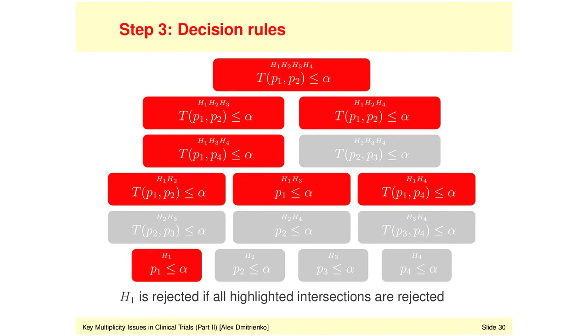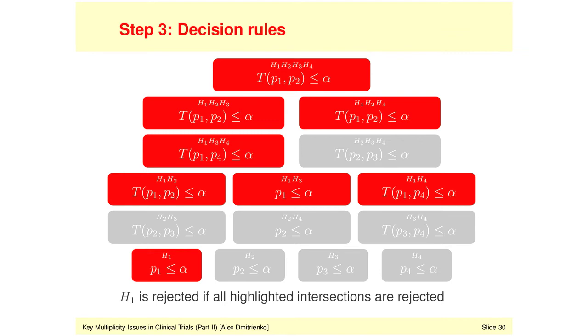The main message here is that using an appropriate local test, we can compute a local p-value for each intersection in this closed family, and we will then compare it to alpha. The resulting gatekeeping procedure would be an example of a mixture-based gatekeeping procedure that, of course, controls the overall alpha.